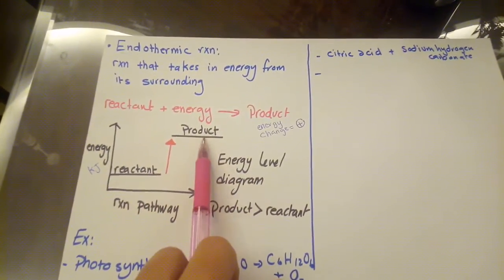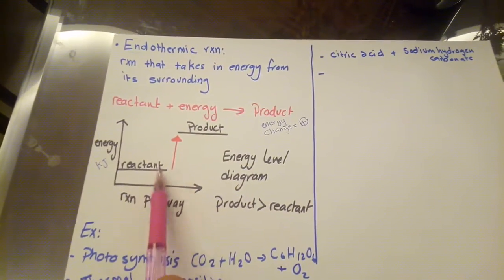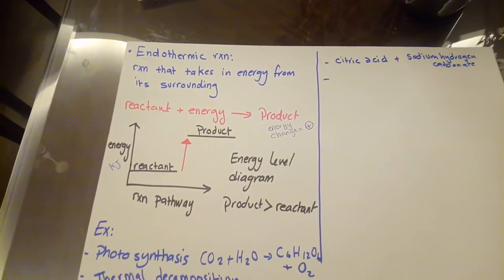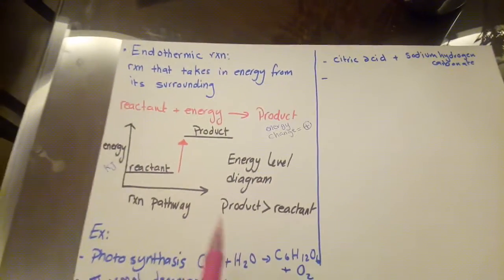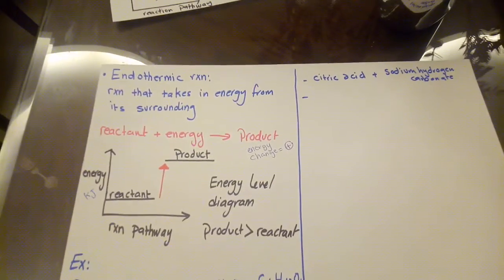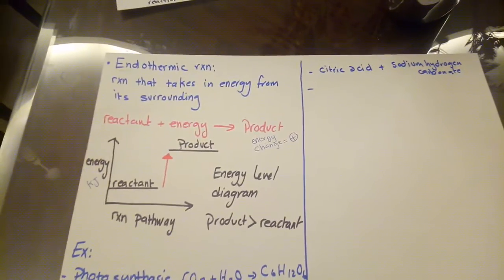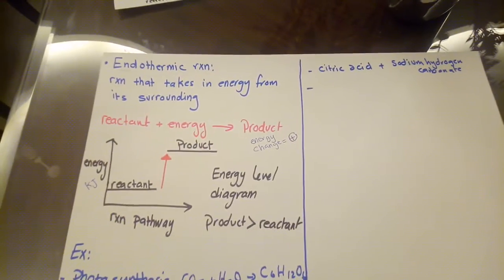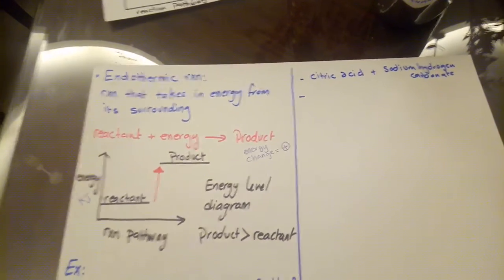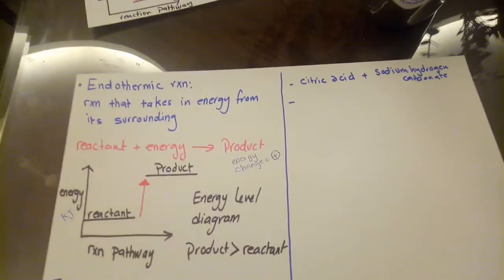It means the product energy level is higher than the reactants in an endothermic chemical reaction. So you have to know carefully the correct diagram for exo and endo. In an exothermic reaction we have a downward energy level diagram, and in an endothermic reaction we have an upward one, because reactants will absorb energy in order to give products.